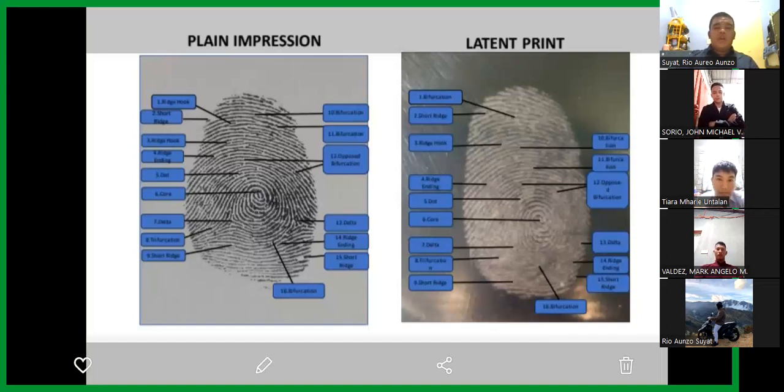In the physical method, the developing reagent will adhere to or stick to the sweat. Next is the chemical method, which works through chemical reaction, and the fuming method. Fumes of reagent will react with certain components of the sweat.